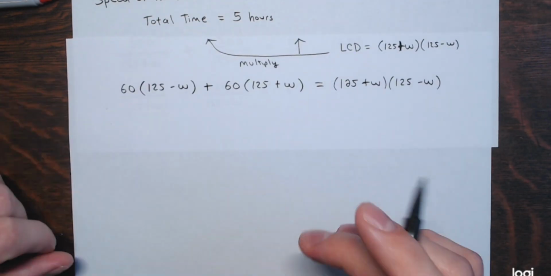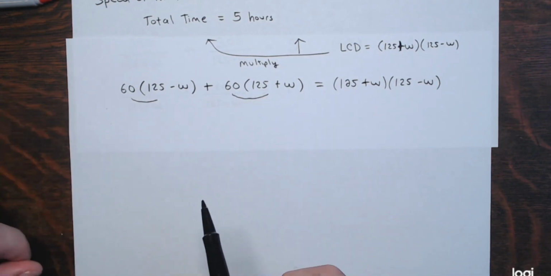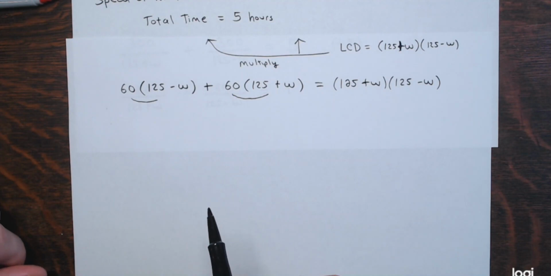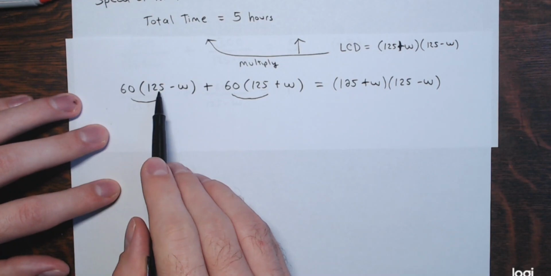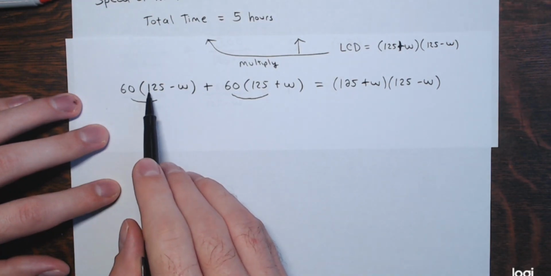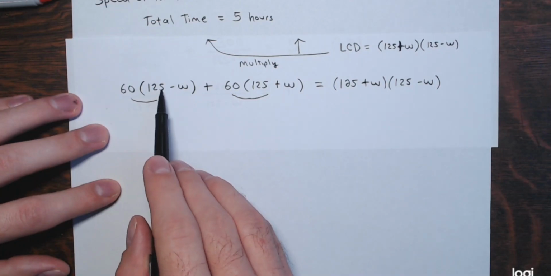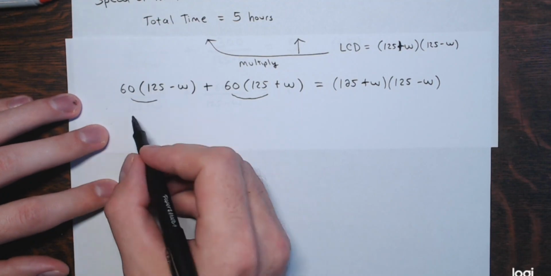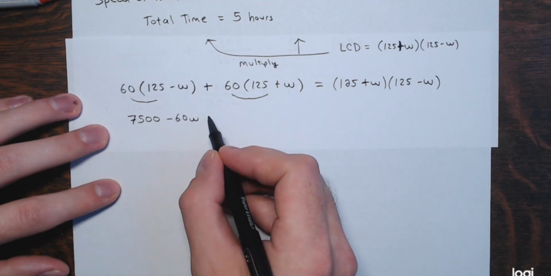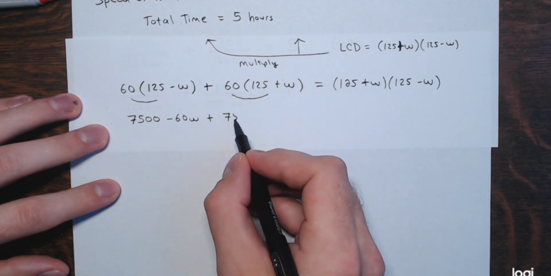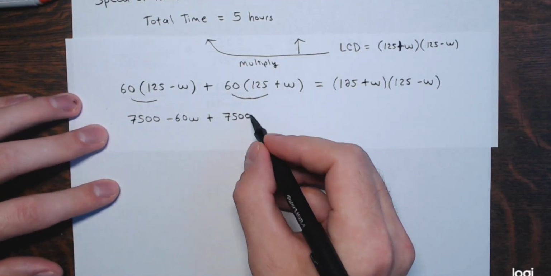I'm going to solve. So I distribute the 60 here, distribute the 60 there. Okay. Now let's see. 6 times 125, that'd be 600 plus 120, so 720 plus 30, 750 with another 0. So that's 7,500 there, minus 60W plus, and then 7,500 here, 60 times 125 again, plus 60W.